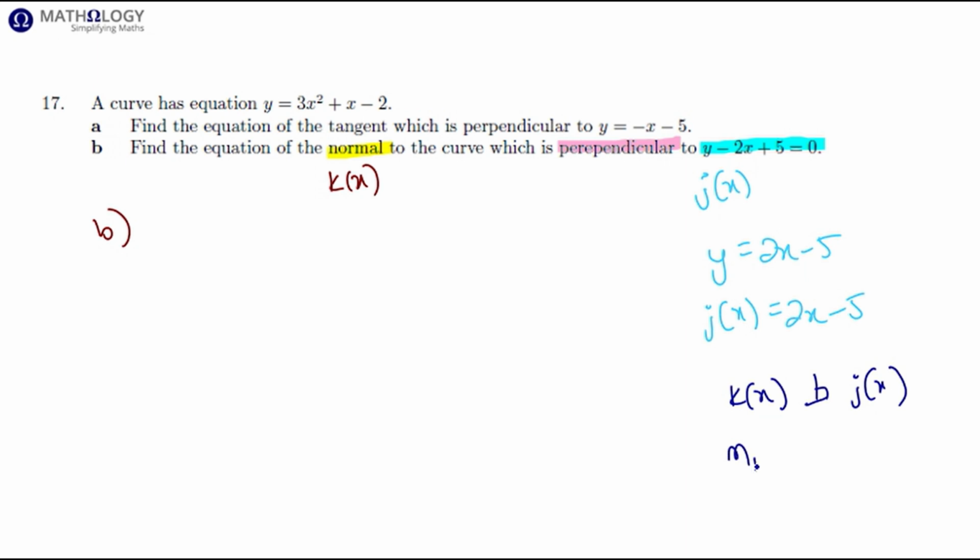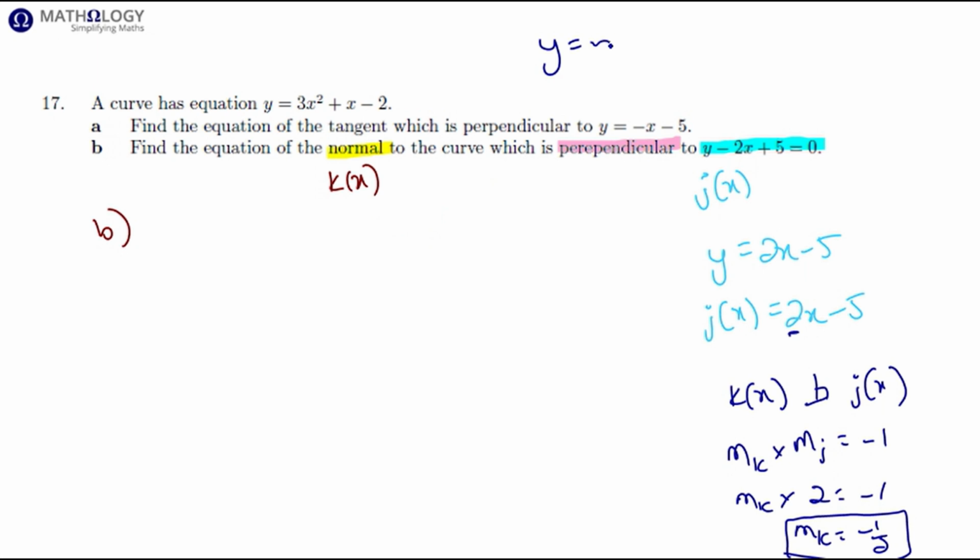That means the gradient of k times the gradient of j is negative 1. We write this in standard form so that we could easily get the gradient of j, which is 2. So the gradient of k is the negative reciprocal of 2, which is minus a half. So we've got the gradient of k, which is our normal.